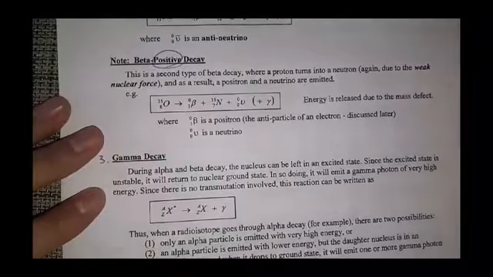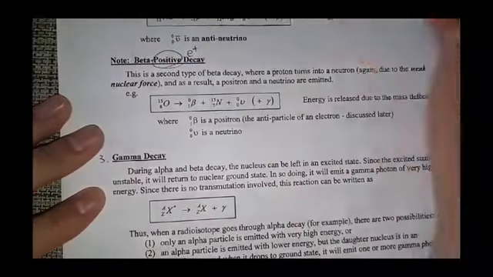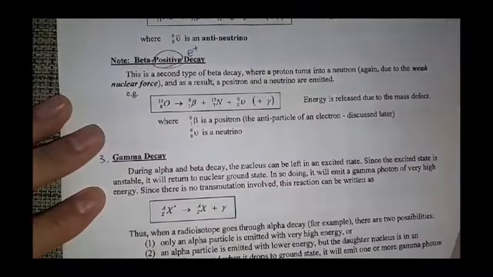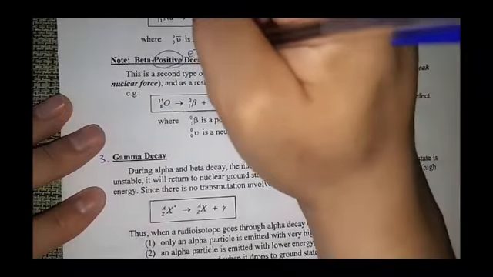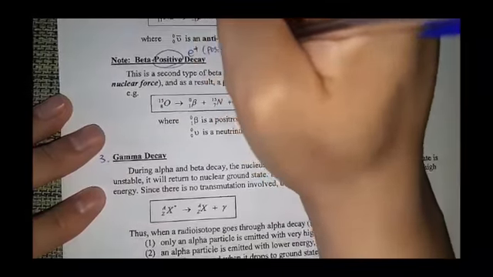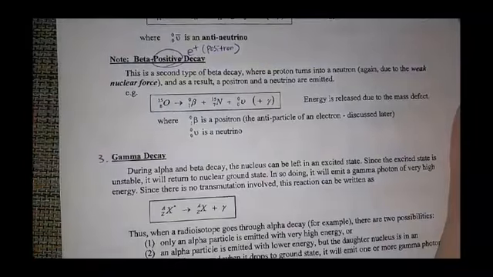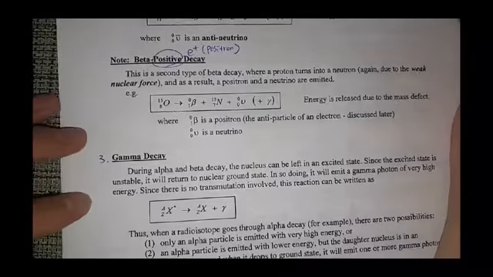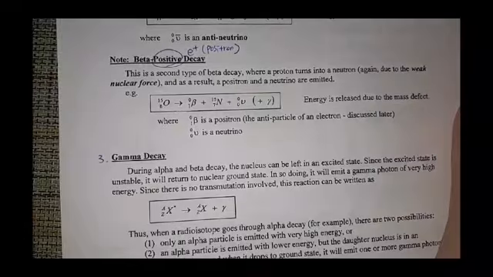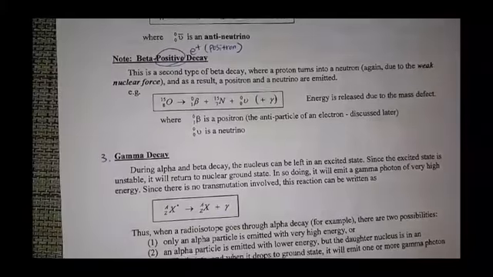Beta positive, this is something that you may not have seen before. It's known as a positron. It's exactly the same size as an electron in terms of mass, but instead of a negative charge, it has a positive one. It's known as the antiparticle of the electron, which we're going to discuss more during quarks.